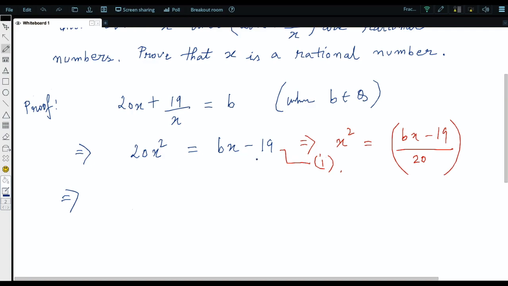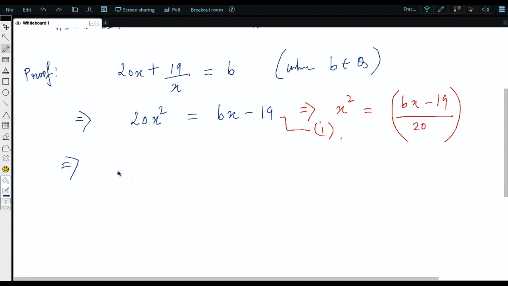On the other side we'll be substituting this value of x squared each time and bring this RHS in linear form of x, so that we get the value of x in some form of rationals from where we can conclude that x is rational. So that's the idea. So let's multiply with x on both the sides. So it's 20x cubed is equal to b times x squared minus 19x.